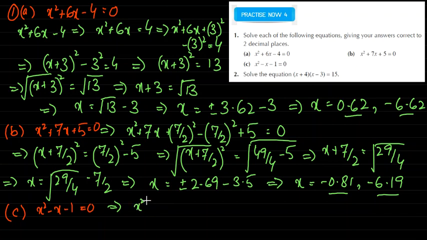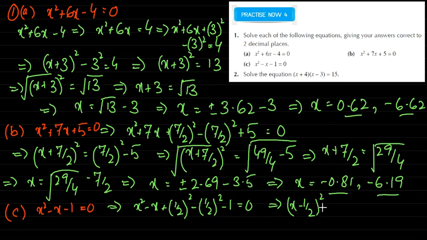We'll do x square minus x plus 1 divided by 2 whole square minus 1 is equal to 0, which will become x minus 1 by 2 whole square equals, with 1 by 4 going to the other side, x minus 1 by 2 whole square is equal to 5 by 4.